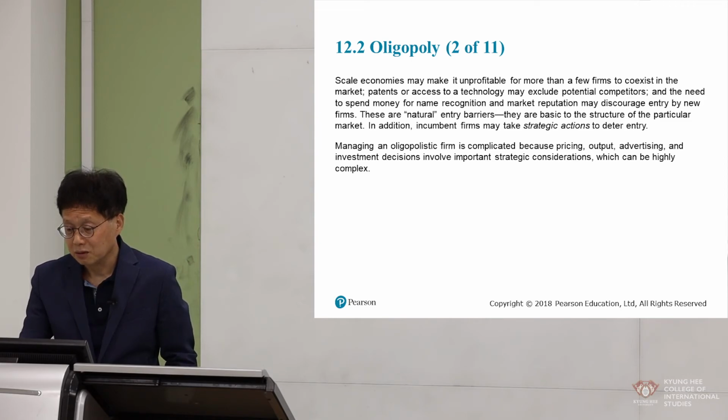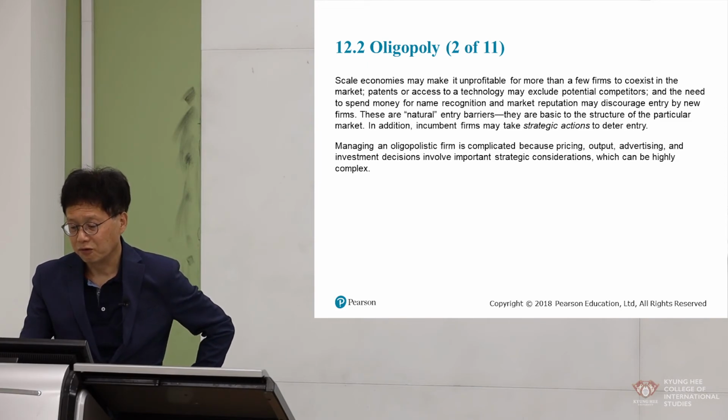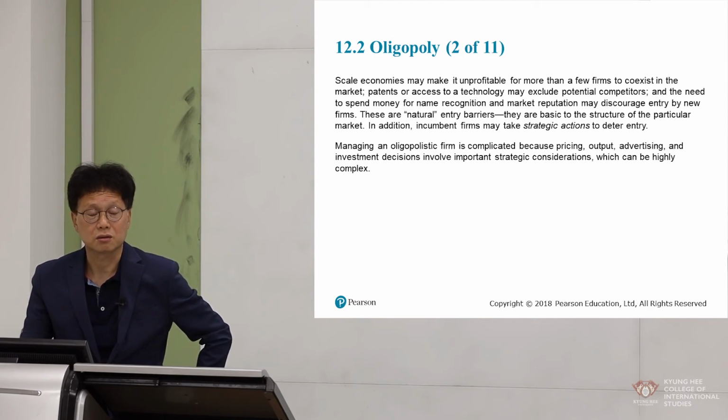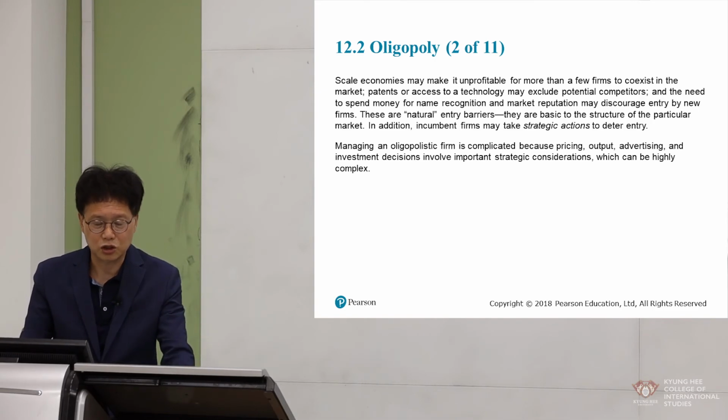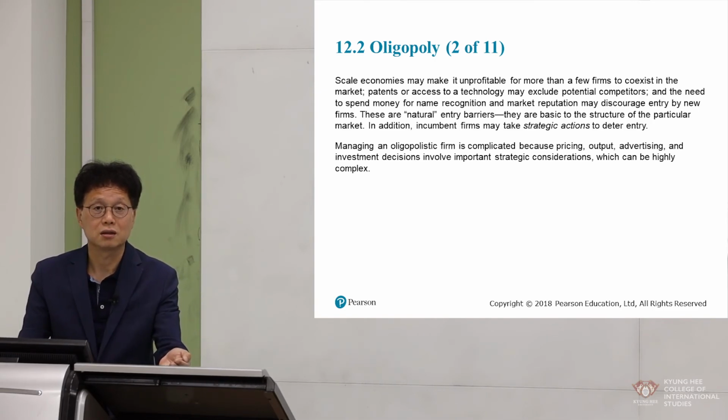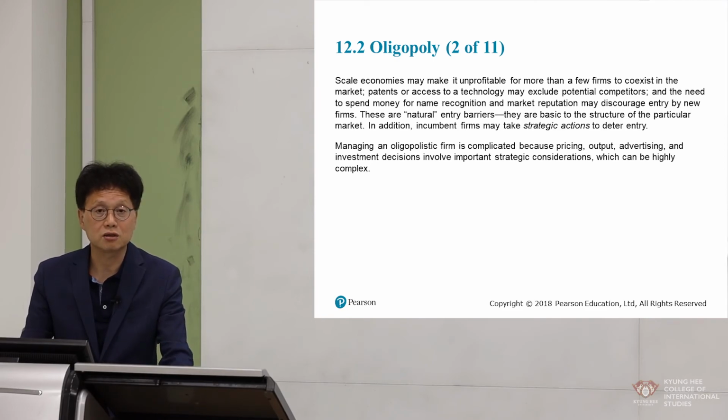Incumbent firms take strategic action to deter entry. Sometimes firms deliberately deter new entry using strategic actions. For example, some companies charge a very low price, so new firms cannot enter the market, right?